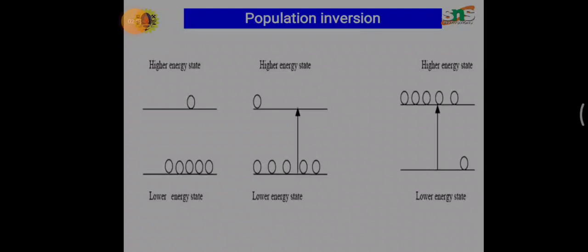So this shows that the number of atoms in the excited state can be made more than the number of atoms in the ground state only at negative temperature. But negative temperature is practically not possible. Therefore population inversion can be achieved by some other artificial process known as the pumping process.